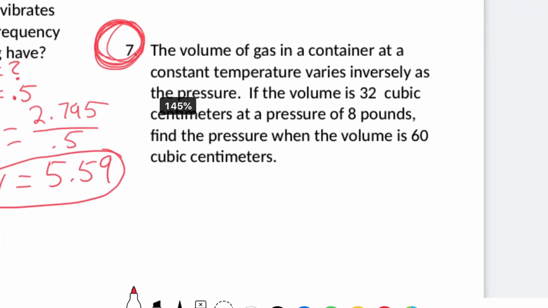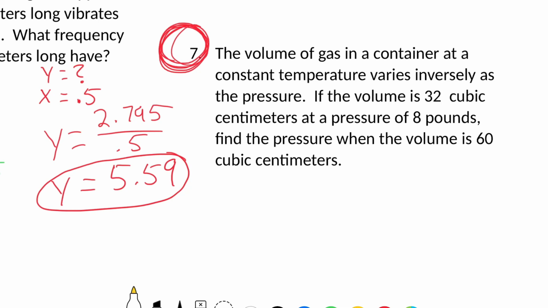And then lastly, number 7. Number 7, you're going to find the words "varies inversely." Whatever is in front of it is your y, so the volume is your y, and the pressure is your x.